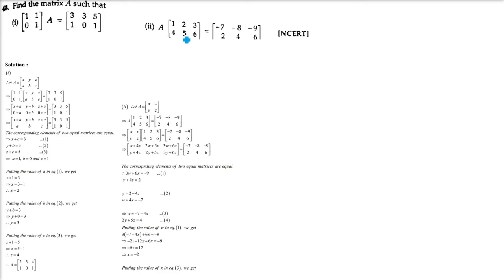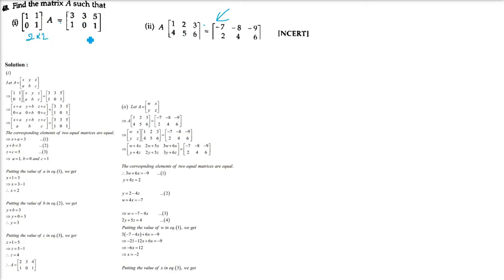So what we have to do is, we have to check. We need to know what kind of matrix A should be. For that, we need to know the dimension of the matrix. We cannot have a random matrix. See, the other two matrices will decide what dimension that A matrix will be.